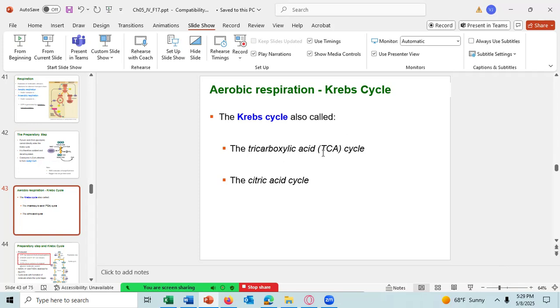And it's frequently shortened to TCA, which is a short name for tricarboxylic acid, or the citric acid cycle. We will call it the Krebs cycle, and your textbook tends to call it the Krebs cycle as well.